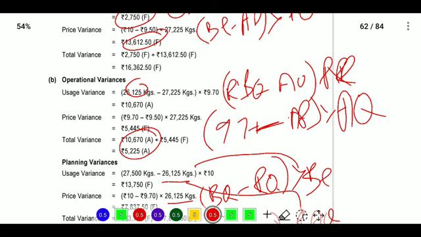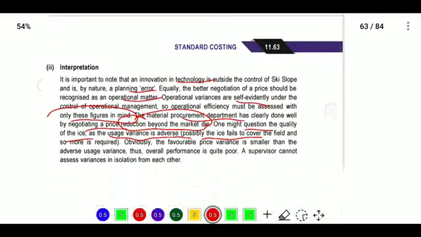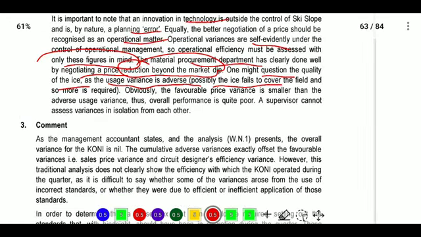In operational variance, usage is adverse, that is the material quantity variance is adverse, so you are using the quantity in a cheap quantity, so it may affect the problem. And the favorable price variance is smaller than the adverse usage variance, so overall performance will be quite poor.